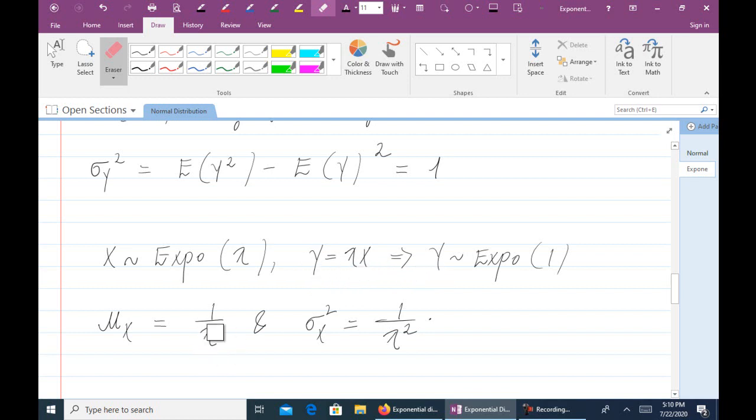Also, since Y has variance 1, and X is equal to 1 over lambda times Y, the variance of X would be 1 over lambda squared times the variance of Y, which is 1. So you get the variance of X is 1 over lambda squared. So that's the mean and variance for the exponential distribution.